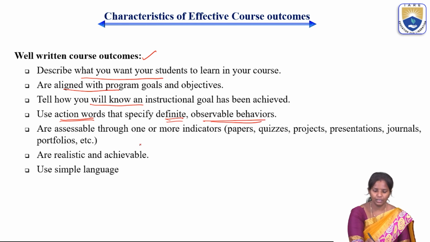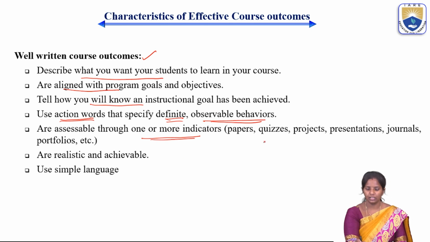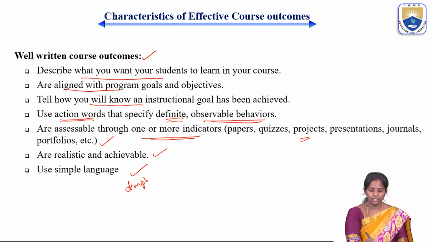They are assessable through one or more indicators like papers, quizzes, projects, presentations, journals, portfolios, etc. And they are realistic and achievable, and use simple language. Simple and concise is very important.